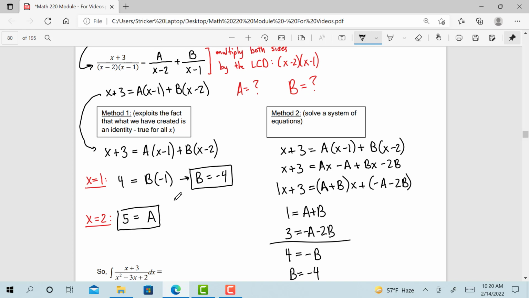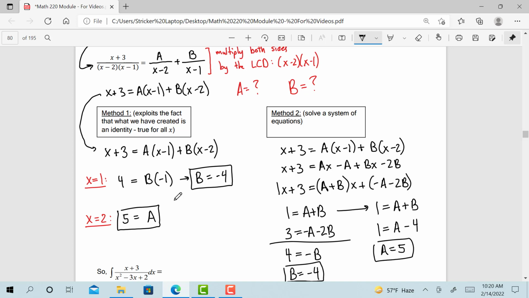The same solution we got on the other side. And we can go ahead and plug that in to one of these other equations. So we have 1 equals a plus b, which means 1 is equal to a minus 4, which means a is equal to 5. So we got the same two answers.